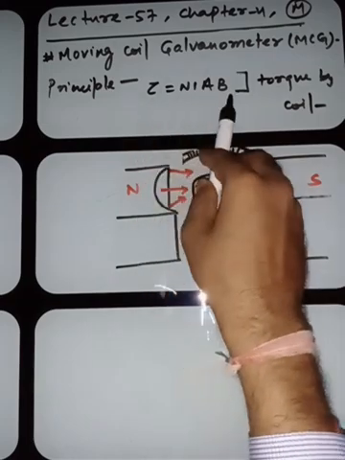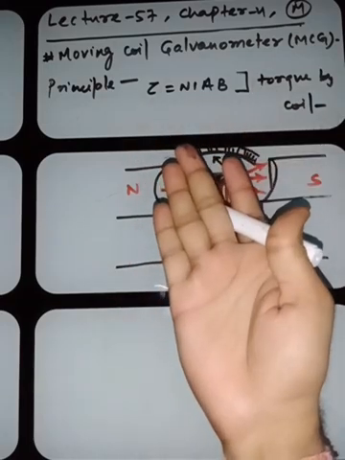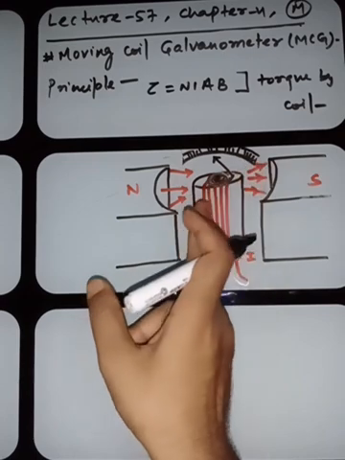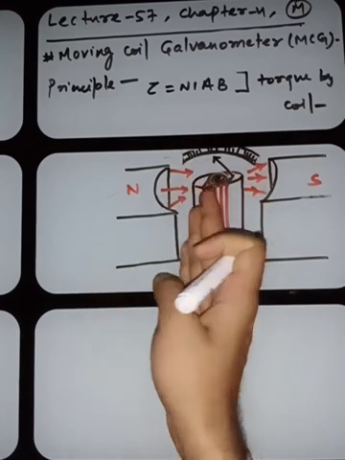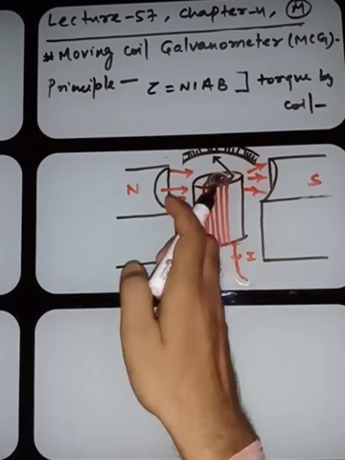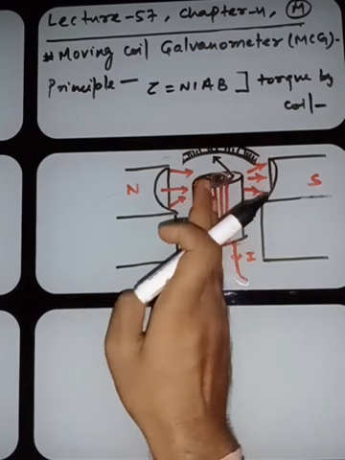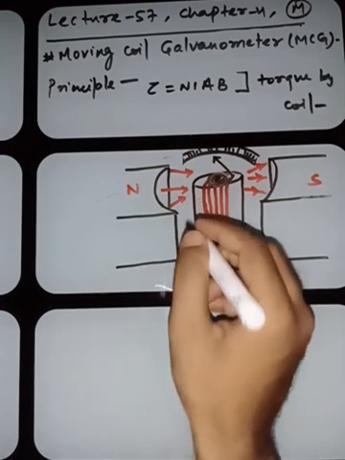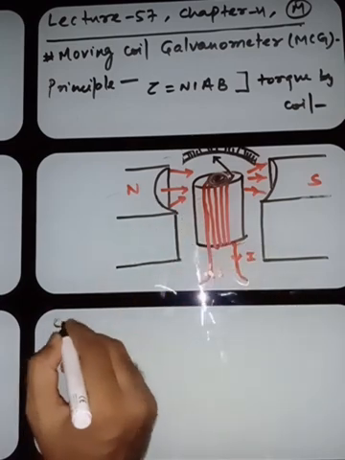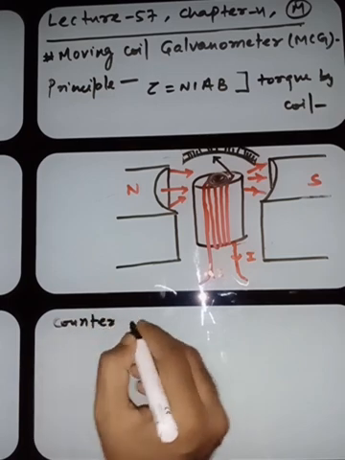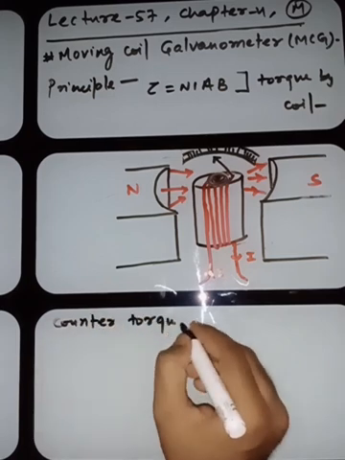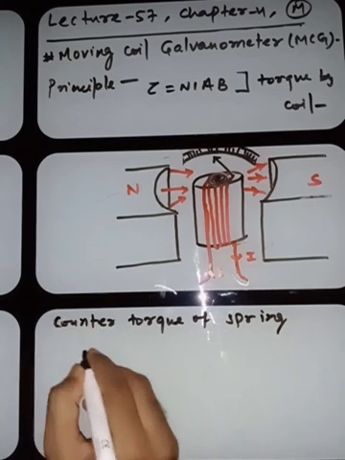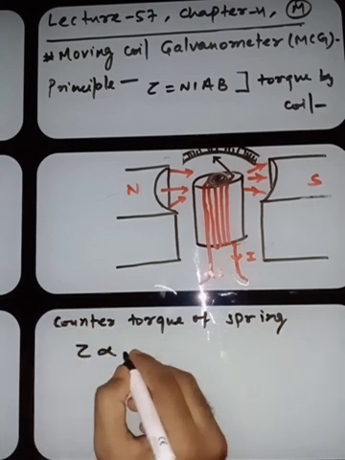Now, if this torque rotates the coil, and it has to give the reading again and again from the same point for the same value, then who is going to bring this coil back to its original position? The spring is going to bring it back to its original position, and it applies a counter torque. The counter torque of the spring can be written as: tau is directly proportional to the deflection.